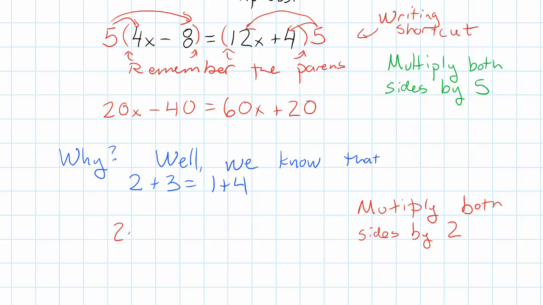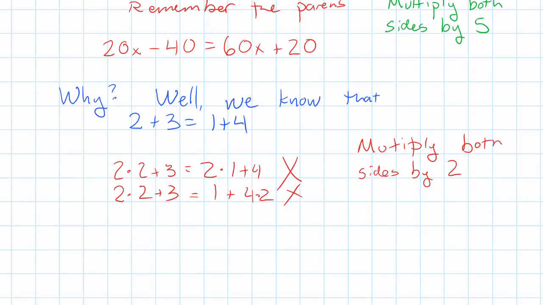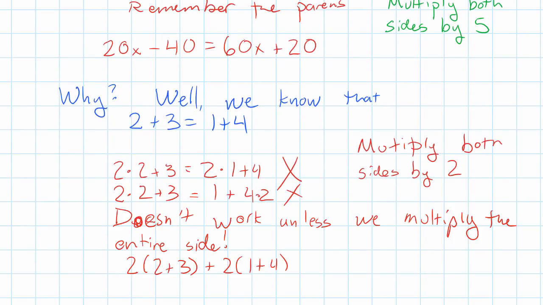It wouldn't work to just say 2 times 2 plus 3 is 1 plus 4 times 2. That's not true. It doesn't work unless we multiply the entire side.